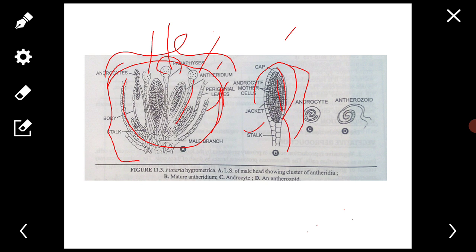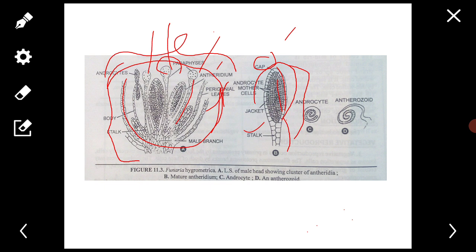The apex of the antheridium has a cap of one or two celled, colorless, thick walled cells, also called the operculum.